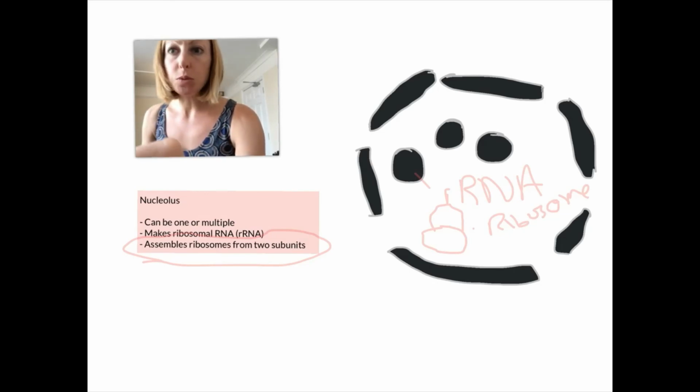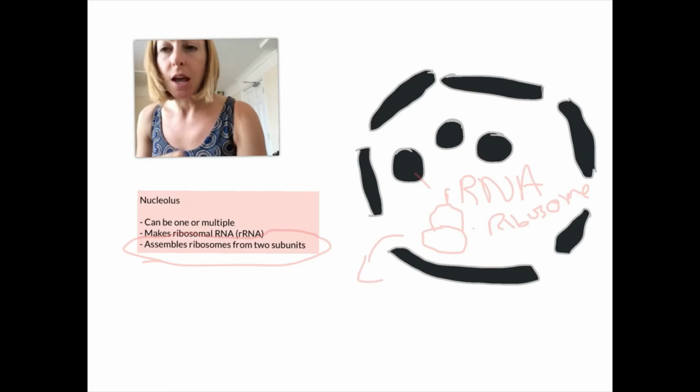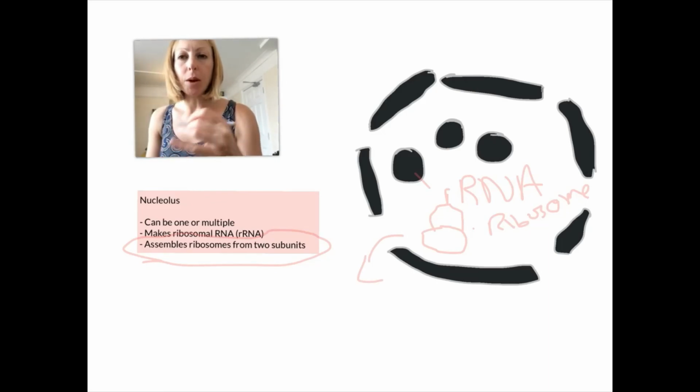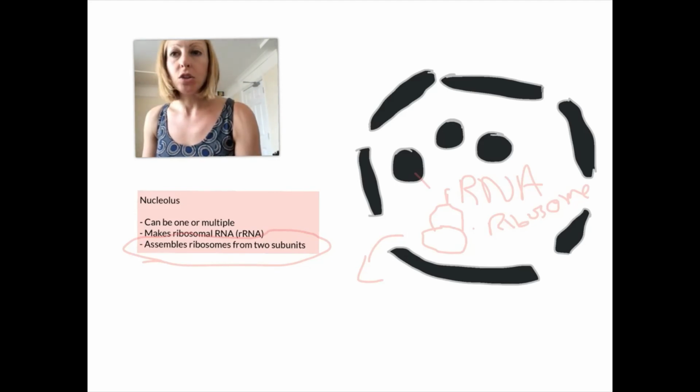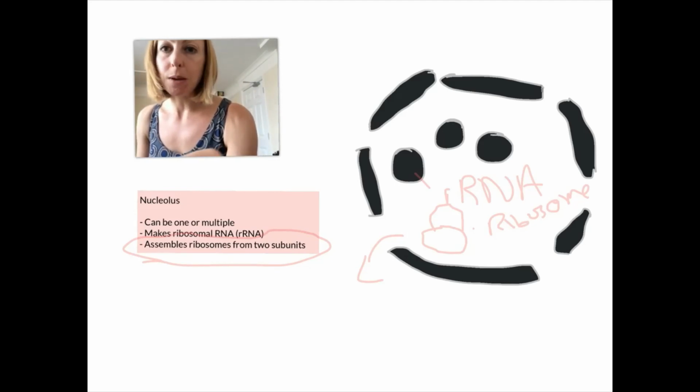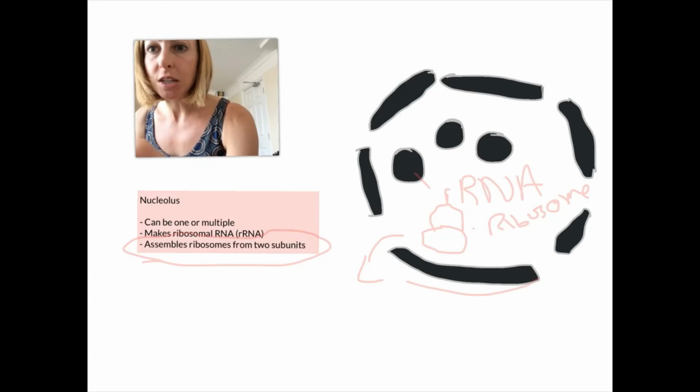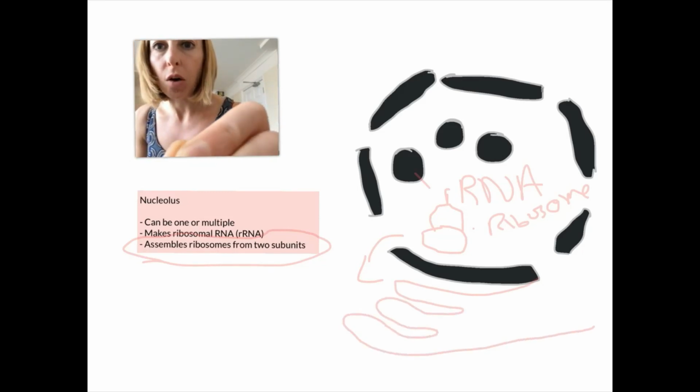The ribosomes will leave the nucleus and they'll either become a membrane-bound ribosome, in which case they'll be attached to the rough endoplasmic reticulum, which is actually continuous with the outer membrane of the nucleus, like this.